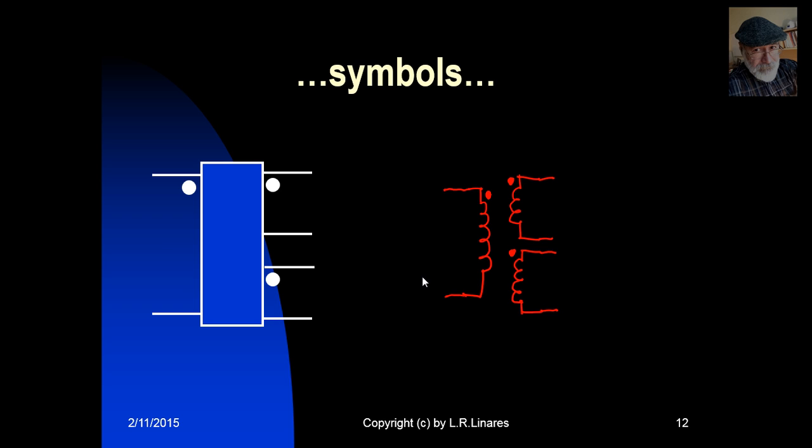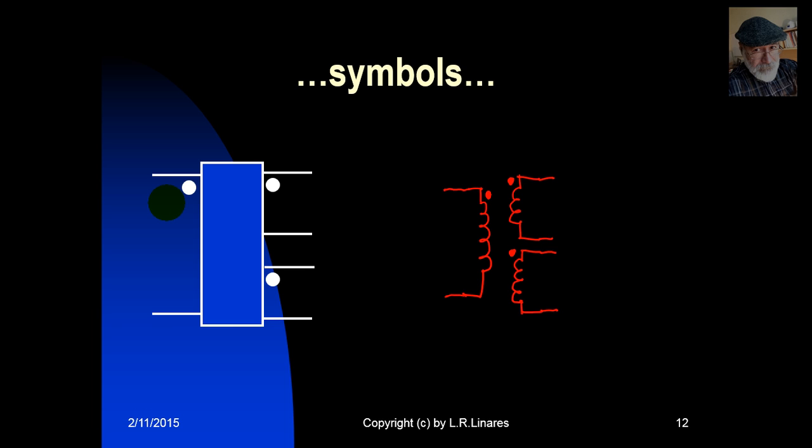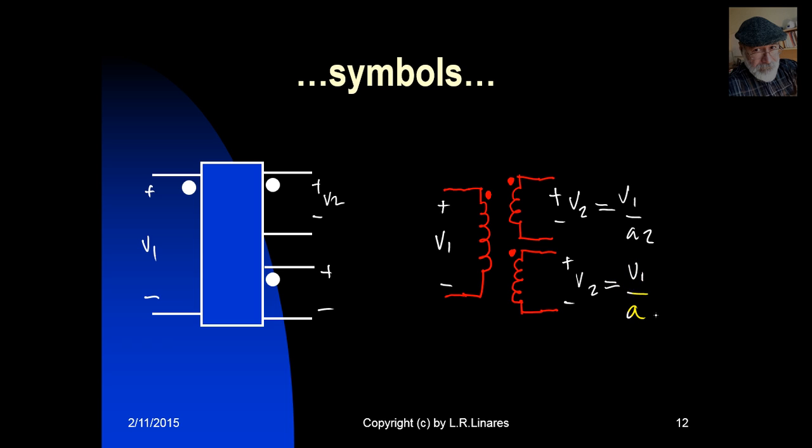In them, we defined that when this is the voltage of the primary with this polarity, according to the dot, then the voltage in the secondary is this one, V2, and the value is going to be V1 divided by A2, and the voltage in the tertiary is going to have this polarity according to the dot there, V3, and the value is going to be V1 divided by A3.